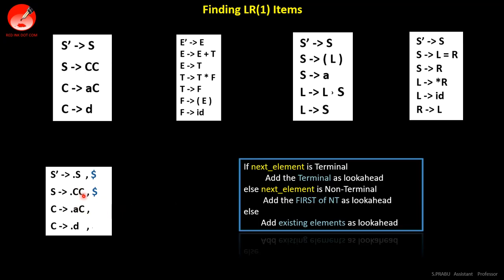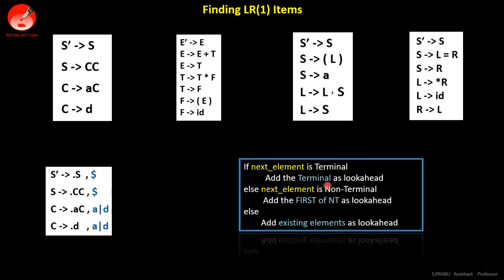The first of capital C is A and D, so I write A and D as the lookahead symbol in this place. The last production is also formed from this capital C, so the follow of the capital C is A and D. So I write it here. In this way, you should find the LR(1) items for the given grammar.